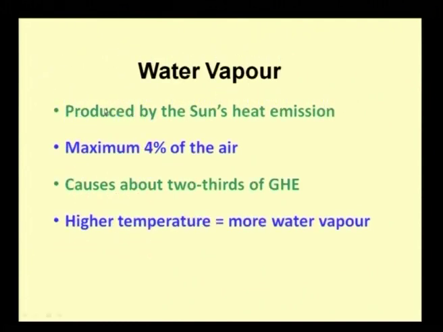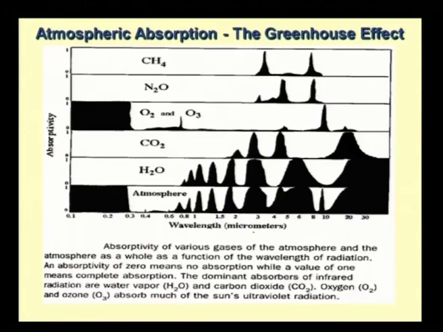The water vapor is produced by the sun's heat emission, because the water is evaporating from ocean, river and water bodies, and at maximum they make up 4% of the air, and they are causing about 2/3 of the greenhouse effect. Look at the previous diagram.